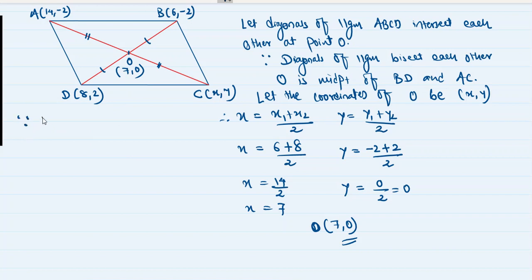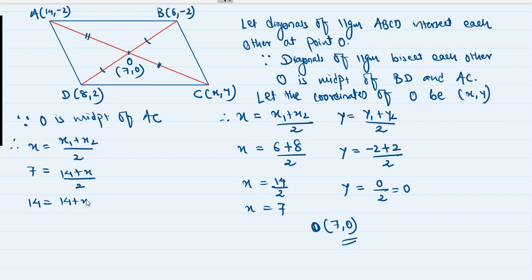Since O is midpoint of AC, therefore x is equal to x1 plus x2 by 2, and we already know x is 7. So 7 is equal to 14 plus x by 2. So 14 is equal to 14 plus x. So 14 minus 14 is 0, so x is equal to 0.